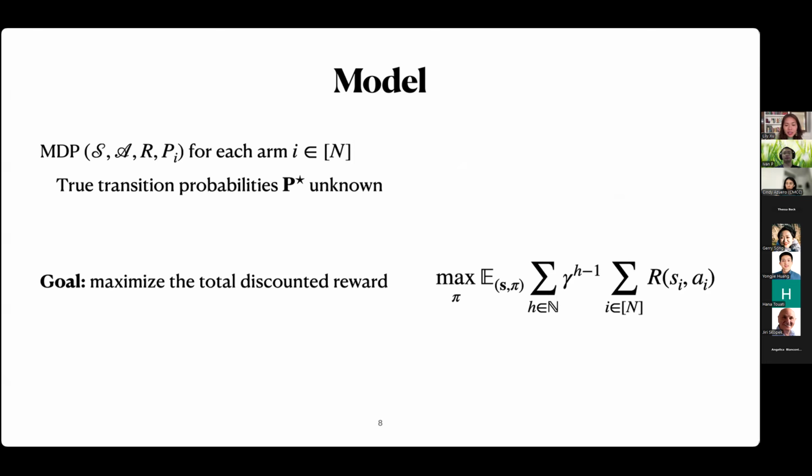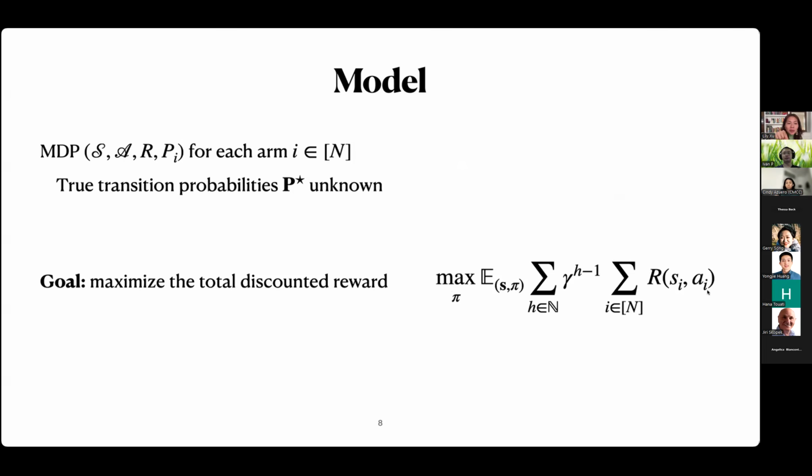And our objective is to maximize the total discounted reward. So this is, again, very standard with reinforcement learning and solving Markov decision process problems. This is just referring to the fact that we want to take some policy pi that maximizes our expected reward, referred to as reward R of state i, a i.